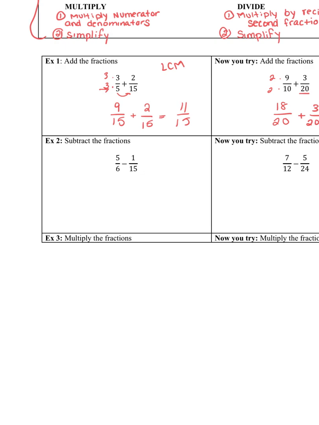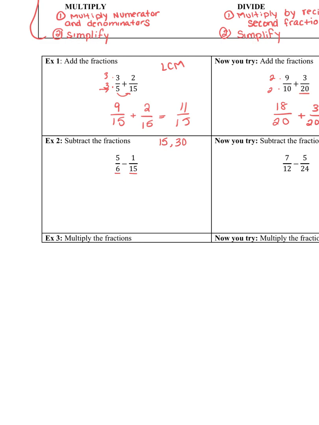Subtracting is the same steps. The only difference is we're going to subtract the numerators. And so now this is a little bit more difficult. With 6 and 15, the lowest common multiple doesn't really jump out at me like the last two did. So I'm going to list multiples of 15, starting with 15. 6 doesn't go into 15, but 6 does go into the next multiple of 15, which is 30.